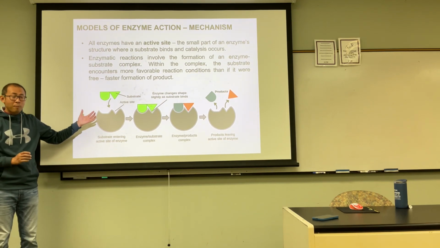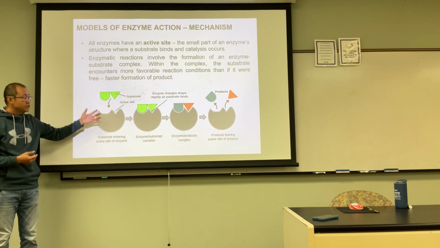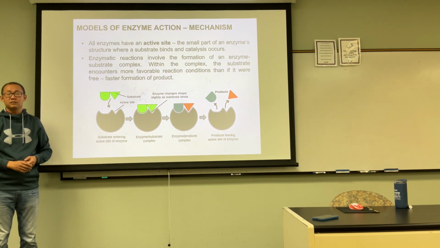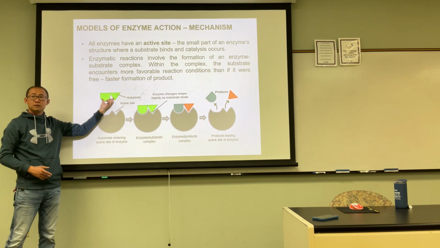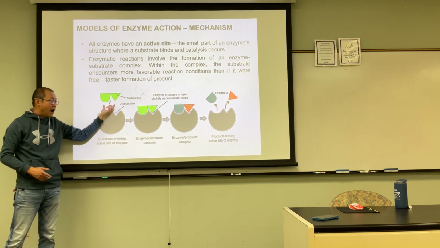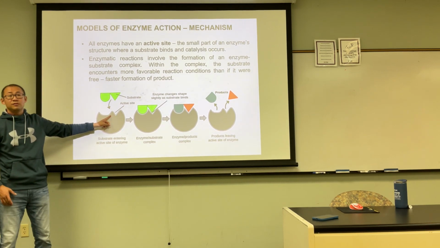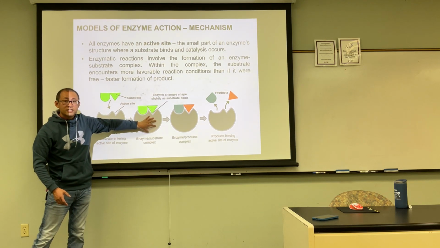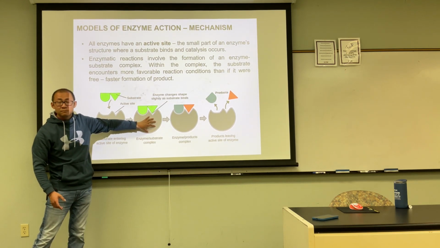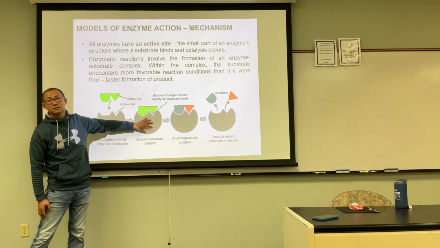It looks very simple, but I want you to know it in detail. You can explain it using words, and put the image of the process in your mind. The first step is that the enzyme binds to the substrate at the active site. The product here is called the enzyme substrate complex, or ES complex.